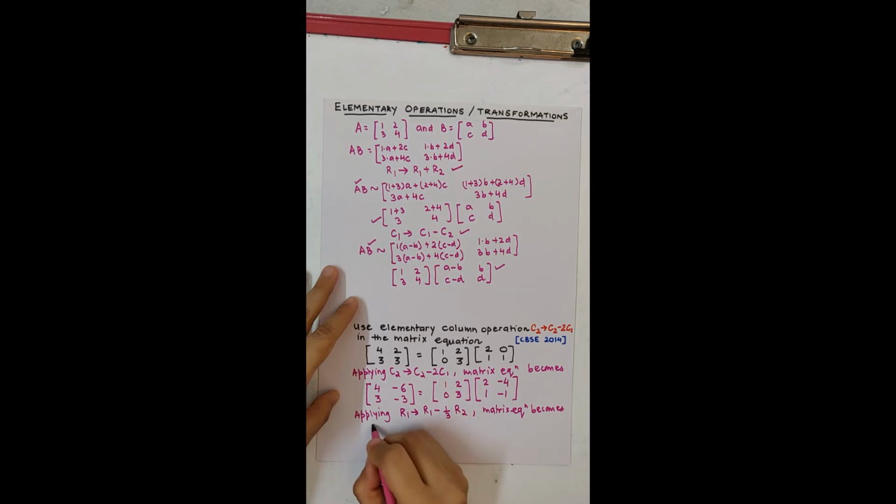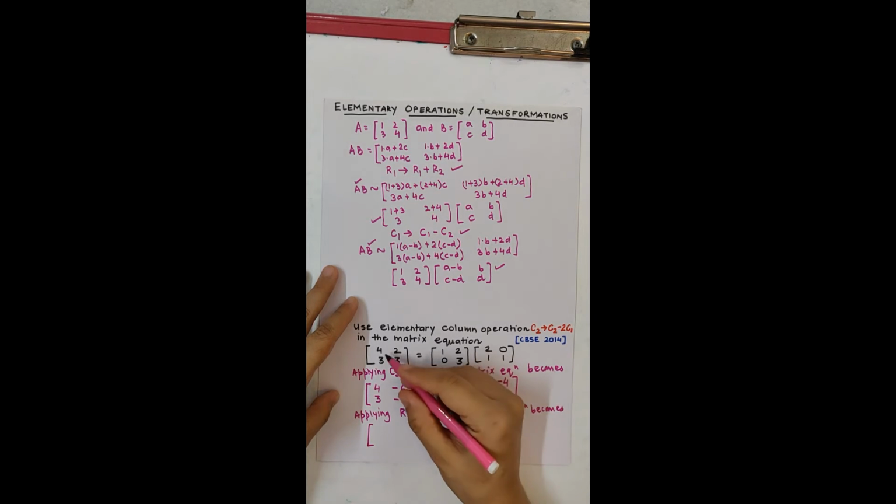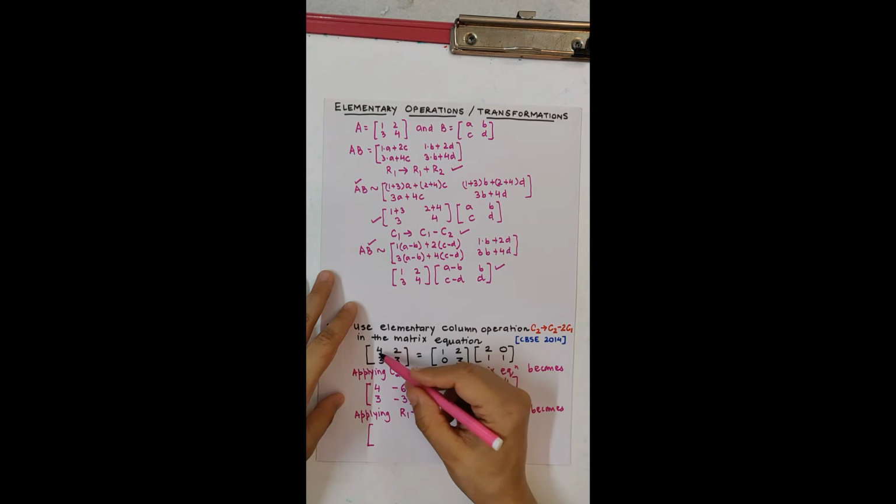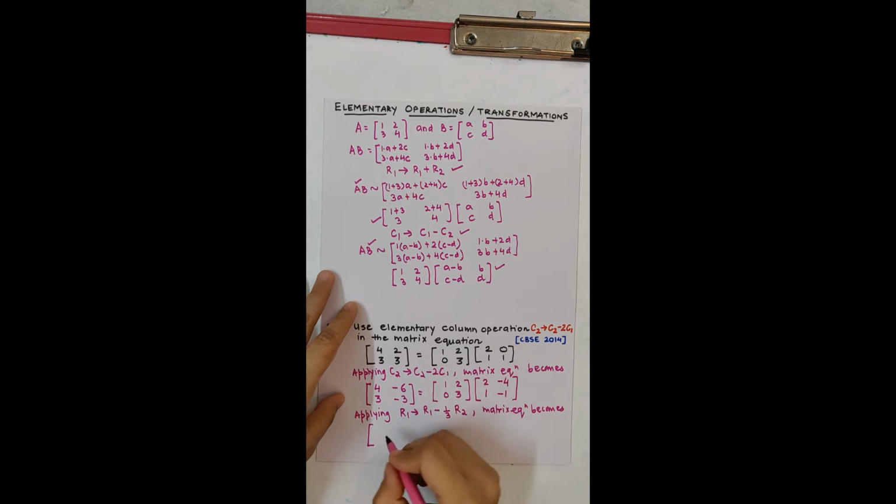On the left hand side, if I apply this, what I have to do is from the elements of the first row subtract 1/3 of the corresponding elements of the second row. So 1/3 of the elements of the second row would become 1 here and 1 here, and I have to subtract these from the elements of row 1. So this will be 4 minus 1, 3, 2 minus 1, 1, and the second row remains as it is because it is not getting transformed.